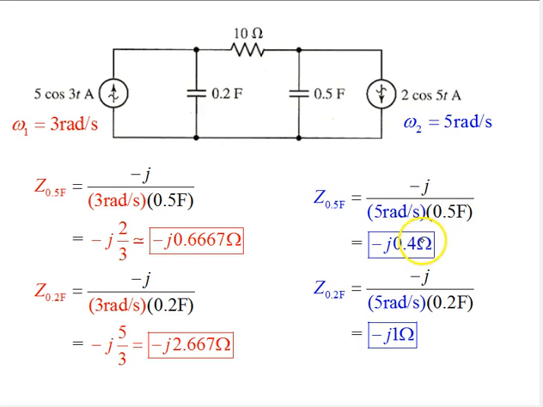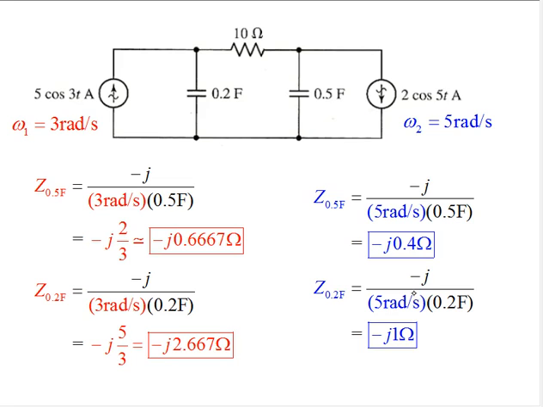So at 5 radians per second, the reactance of this 0.5 farad capacitor is negative 0.4 ohms. At 3 radians per second, the reactance due to this 0.5 farad capacitor is negative 2/3 ohms. Similarly, we see the difference in the 0.2 farad capacitor. So again, we must use superposition.